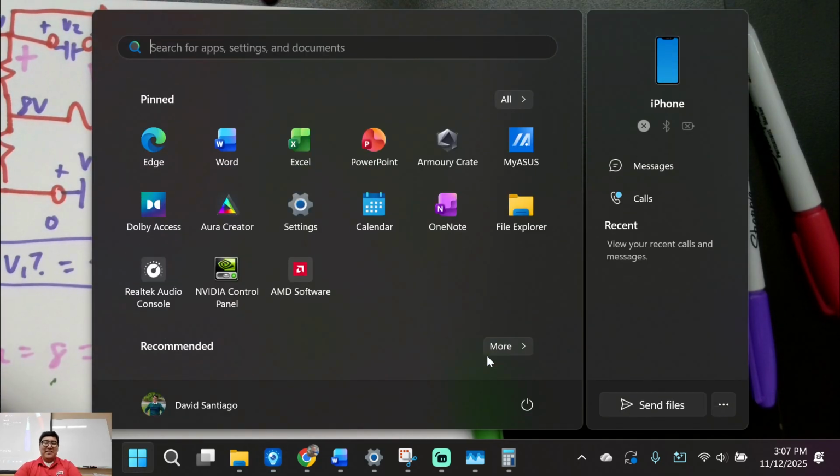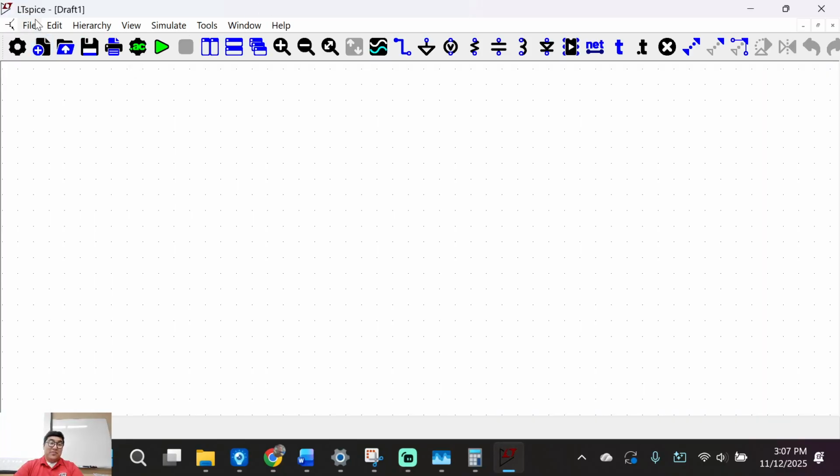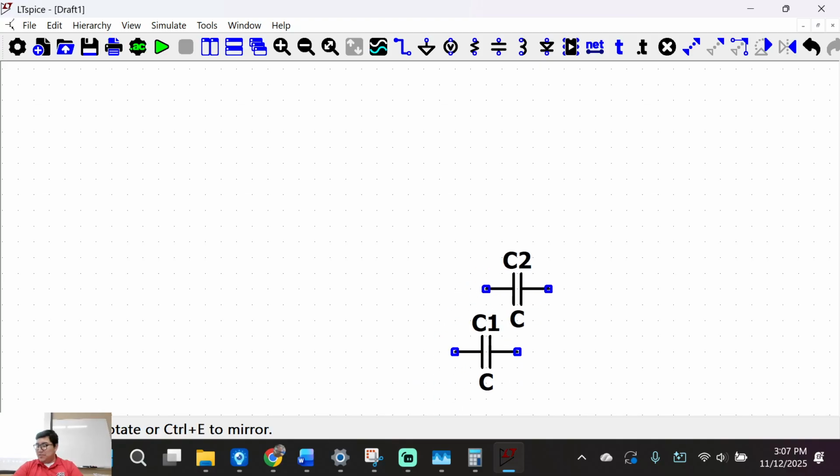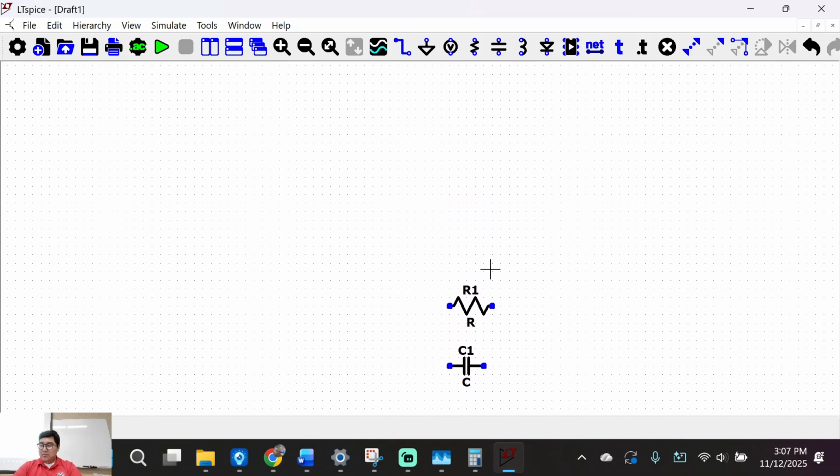That's where I like it, LT Spice. I know there's a way to derive it, but everyone knows how to use LT Spice now, right? Everyone's been using this to help with your homework. Okay, let's see. Capacitor, boom.